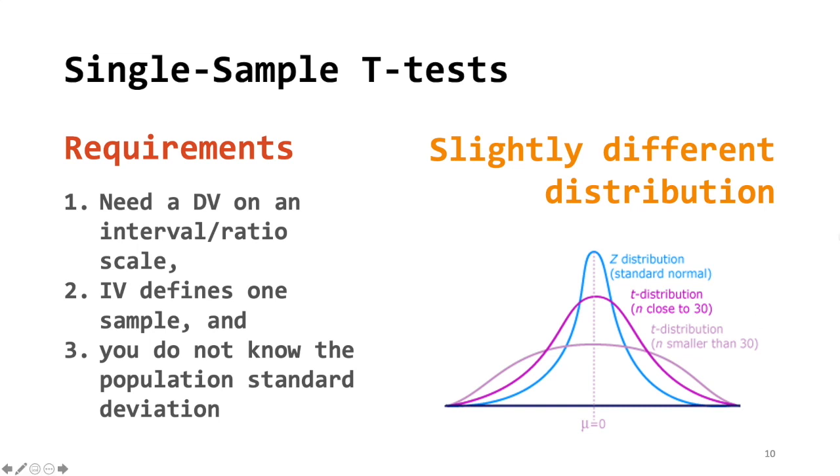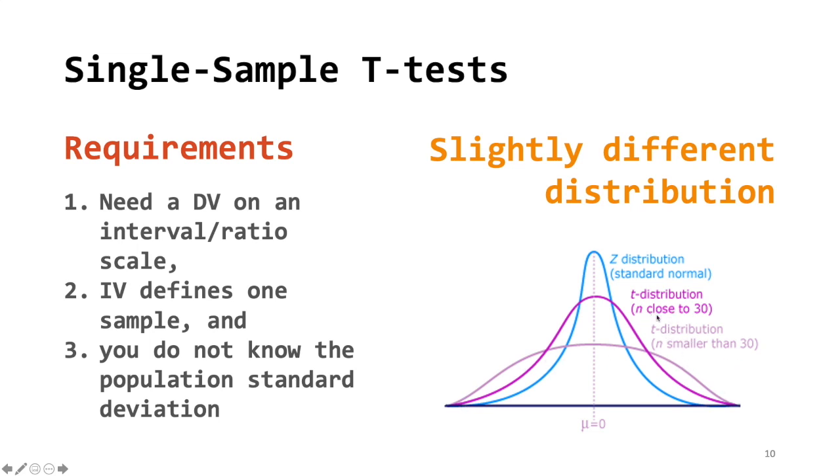So this figure shows the comparison between the z distribution, the normal distribution, and what the t distribution looks like. It's much flatter and has bigger tails, just heavier tails. There's more stuff in the tails when you have a really small n.